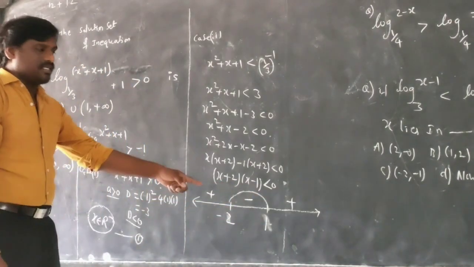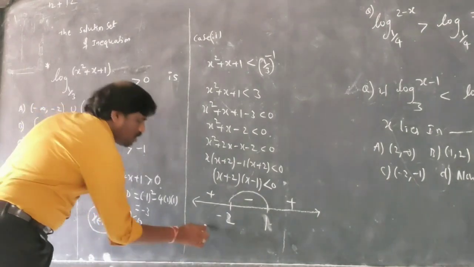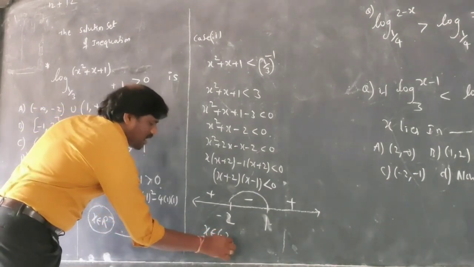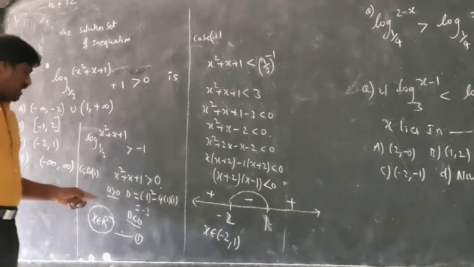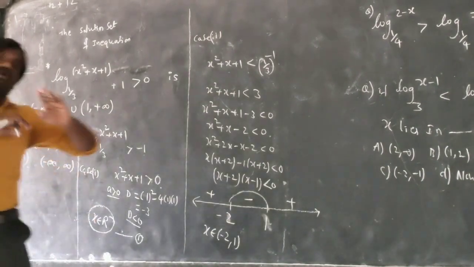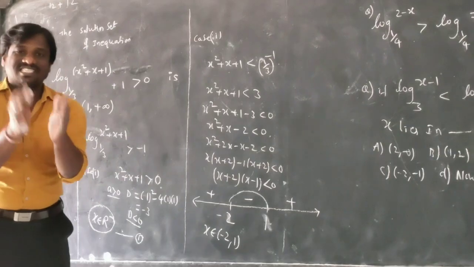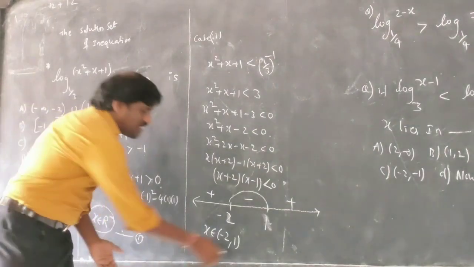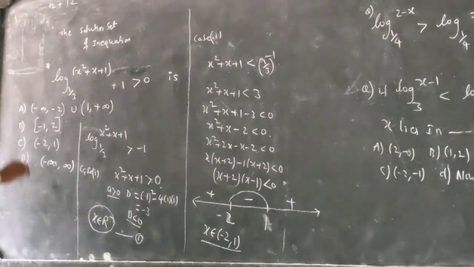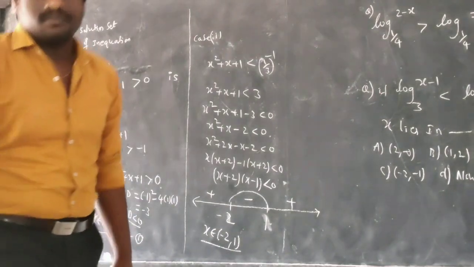So the answer is x belongs to minus 2 comma 1. Here the solution of case 1 is all real numbers, and here it is minus 2 comma 1. What is the intersection of these? The intersection is this itself. So the answer C is right. Hope you understand how to solve this question.